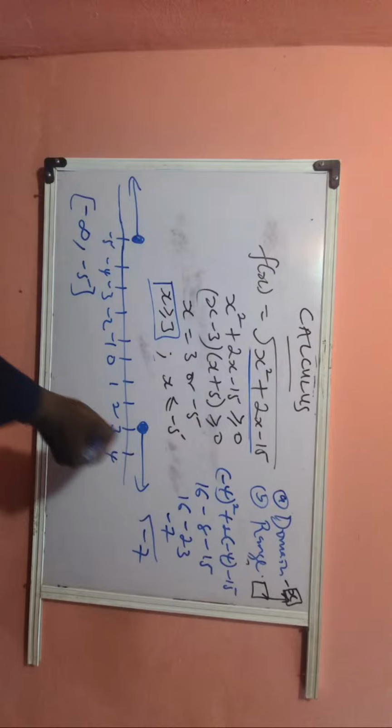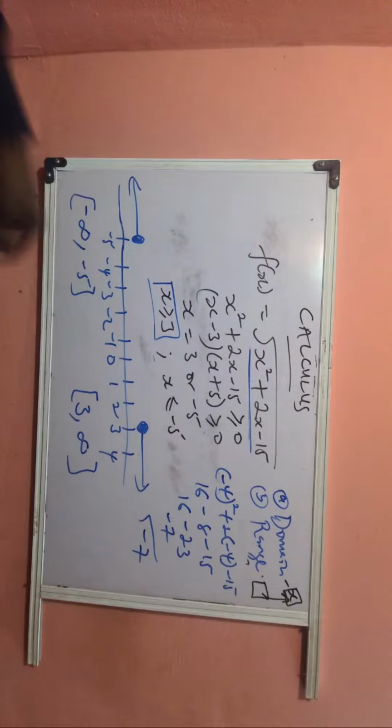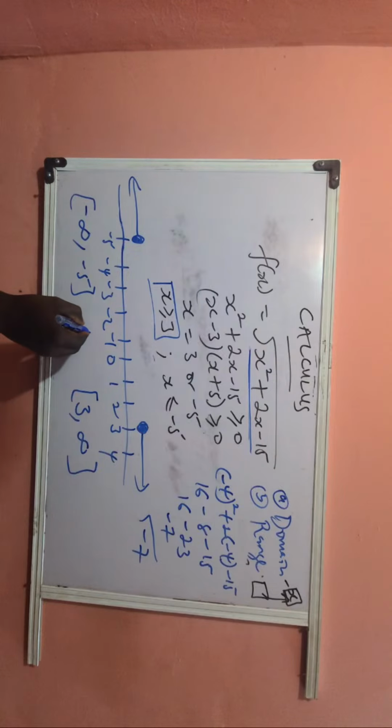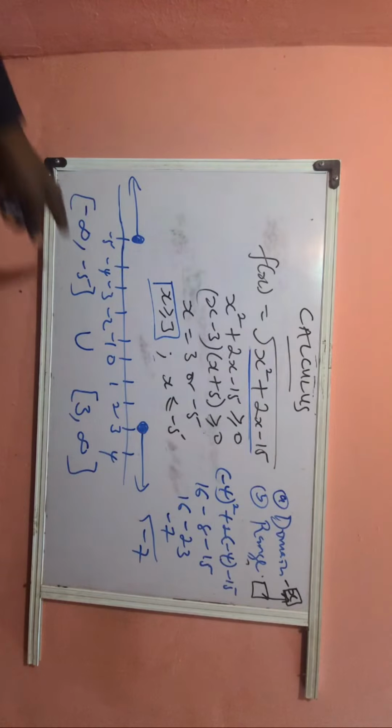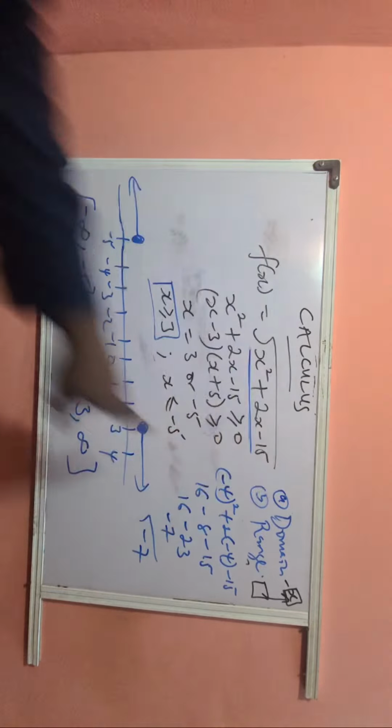Now, your x also is equally fine if it was from 3 to infinity. That means from 3 upward, it's also very fine. So you can see why we conclude that our x value is this, and then we'll put a union here using our set theory, saying this union this. So for this answer, your domain will be this.